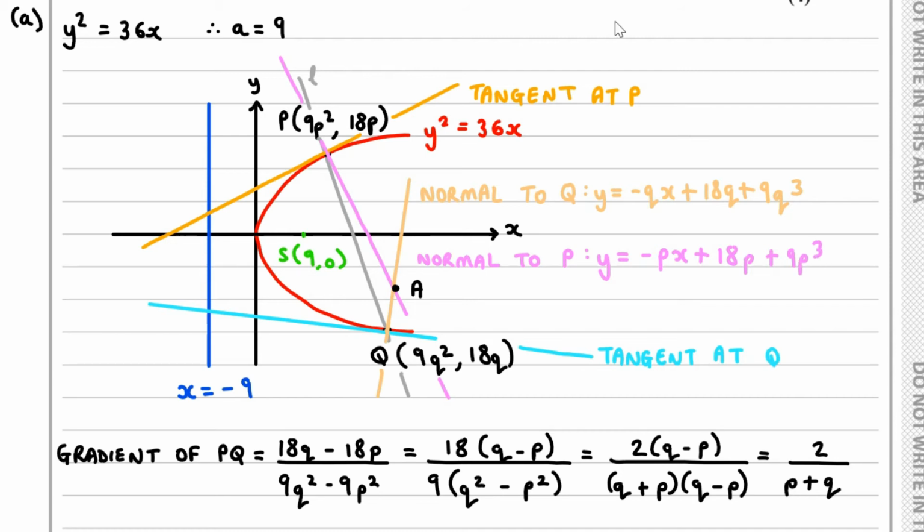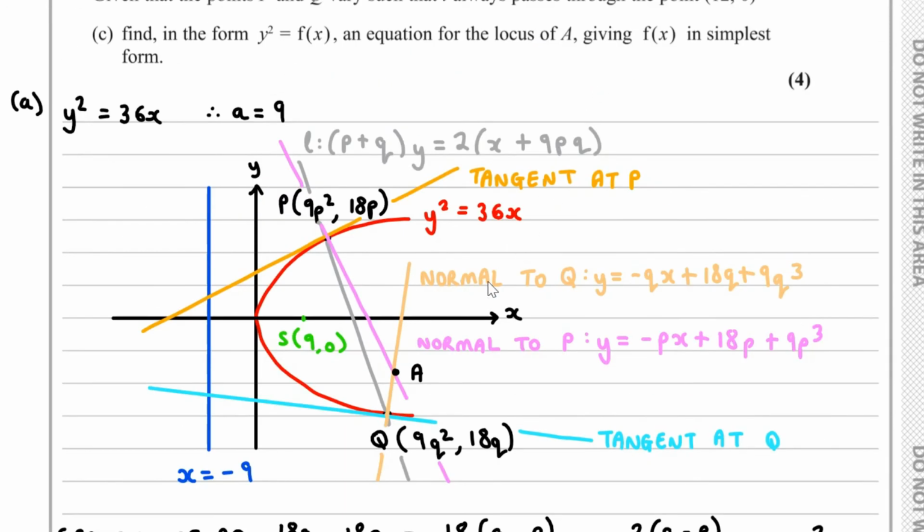And for the line L over here, we have p plus q lots of y equals 2 lots of x plus 9pq.